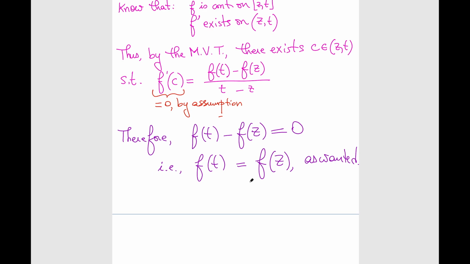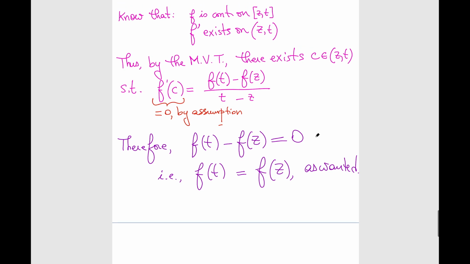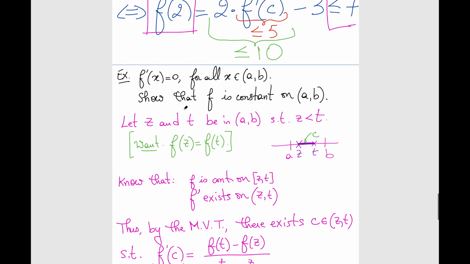You can just finalize it on your own. Okay. So this is a very important fact. If the function f is differentiable and has 0 as its derivative on the interior of a closed and bounded set, then f must be constant on that set.